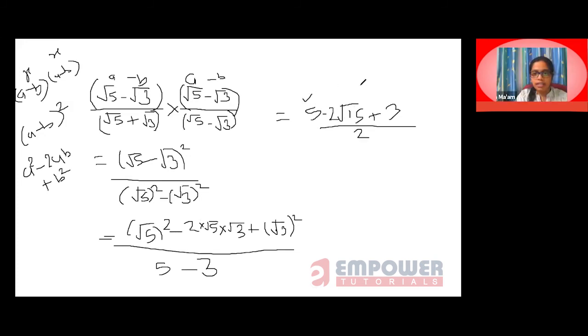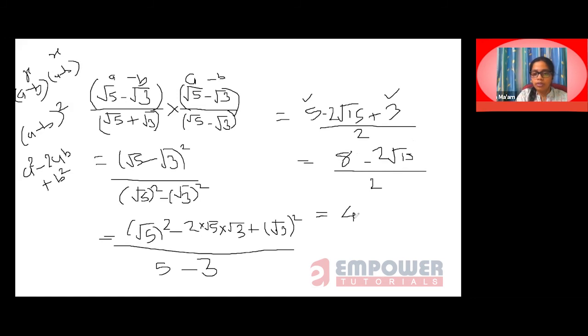Now this and this are rational numbers. I can add, subtract rational numbers, right? So I will add this, because this is 5 plus 3. So this will be 8 minus 2 root 15. This is an irrational number. I cannot add a rational and an irrational number, right? So I will keep it as it is and I will get 2 in the denominator. But if you factorize 8, you will get 4 into 2, right? And here you have 2. So I will take 2 common.